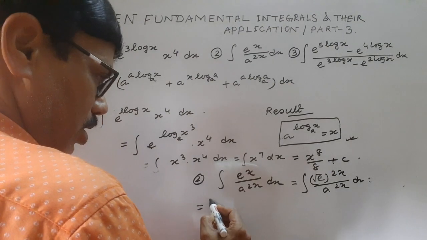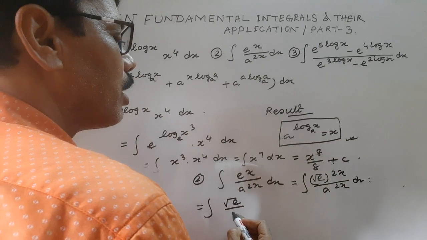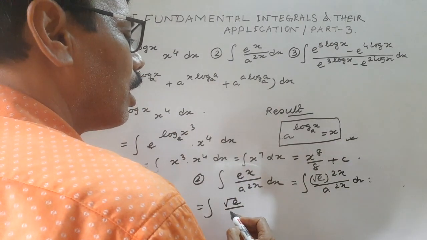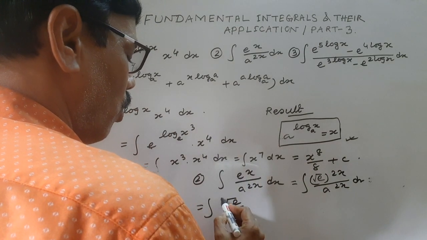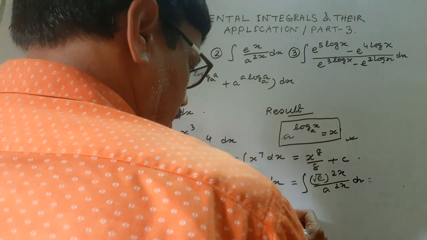So write root e by a, whole to the power 2x. So meaning remaining same.